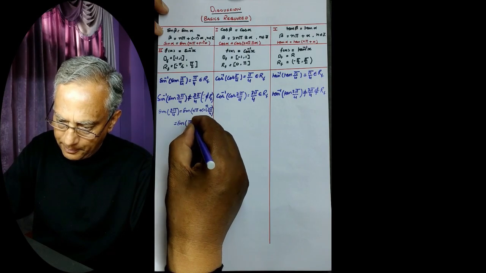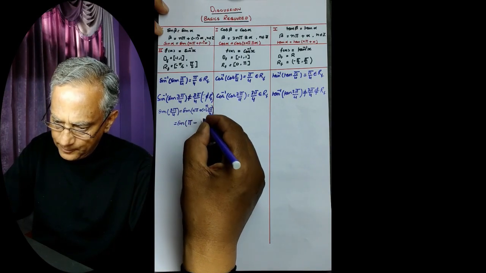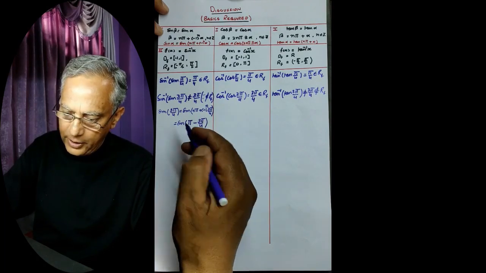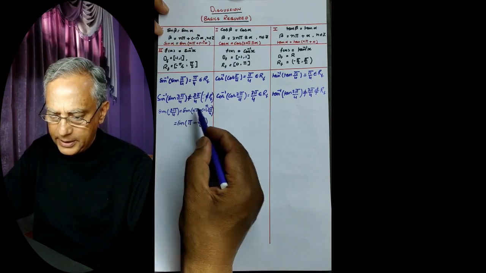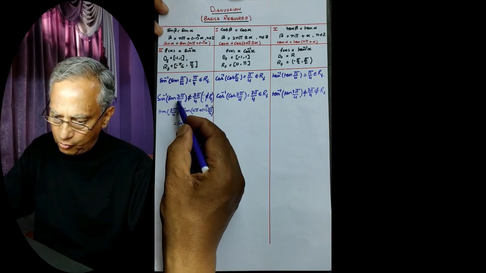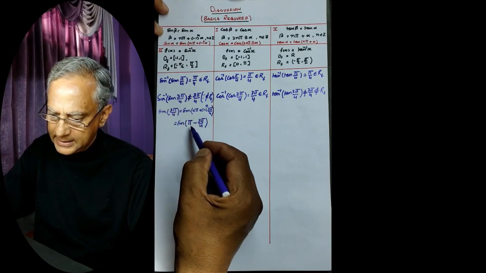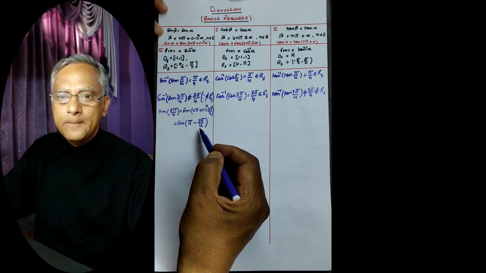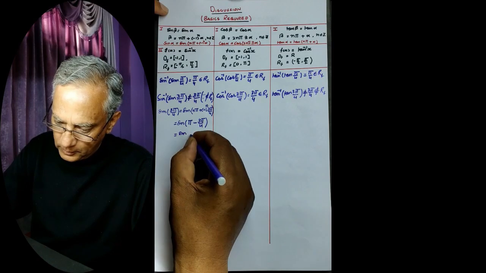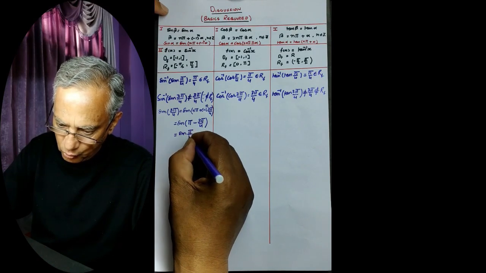So this will be pi minus 3 pi by 4. And we know sine of 3 pi by 4 is equal to this, and this is equal to this. So sine of 3 pi by 4 can be written as sine of pi minus 3 pi by 4. This is equal to sine of pi by 4.